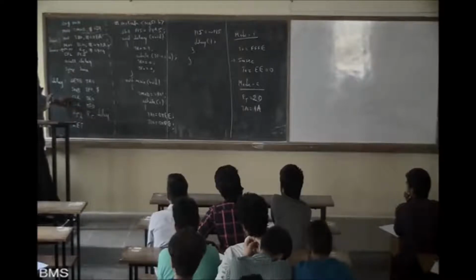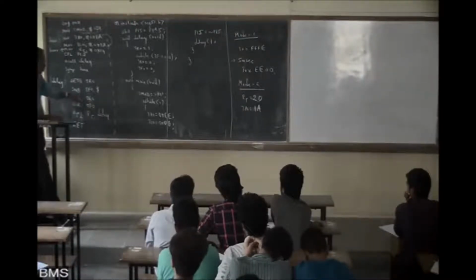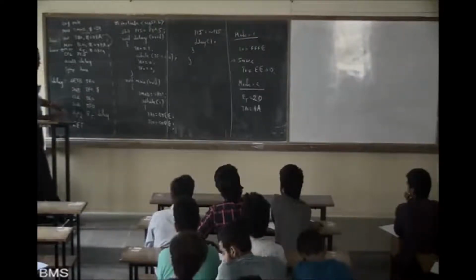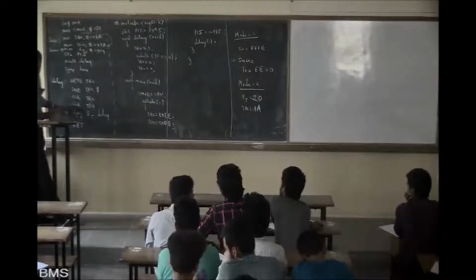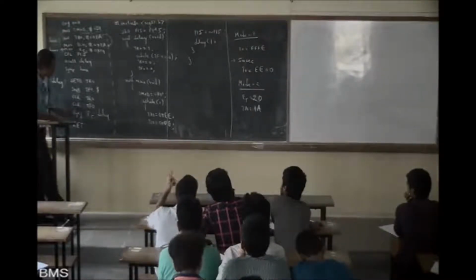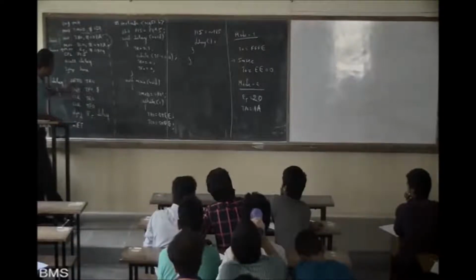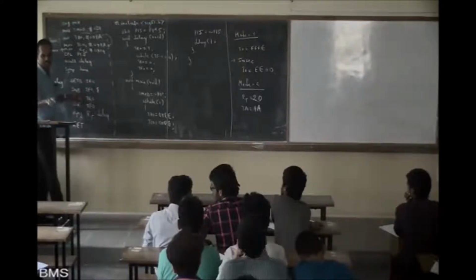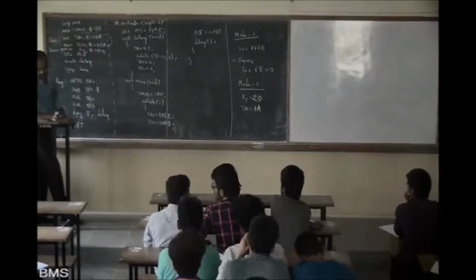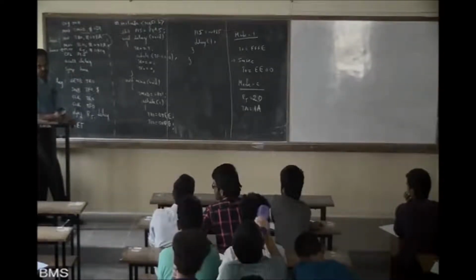TR0 is stopping the timer. Once it becomes 00, it will stop the timer. Then to clear the flag, DJNZ R5 decrements it, then start the timer. When you start the timer, TL0 will get its value from TH0. Then again it starts from that value. Are you getting this one? Any other doubt?